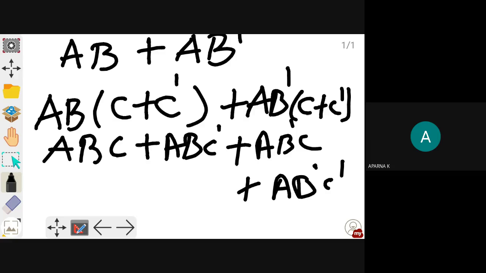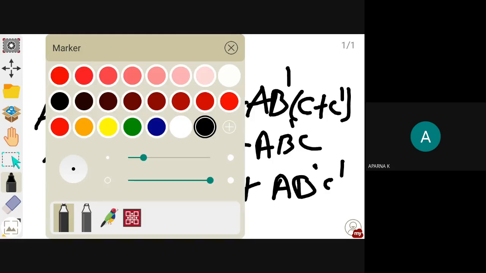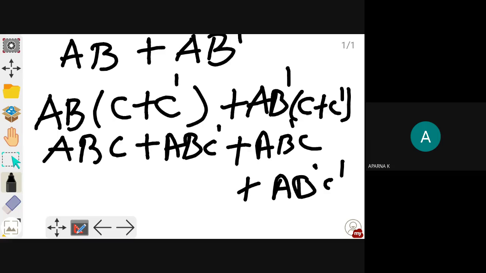So is it clear? One single term A is now written as ABC, ABC dash, AB dash C and AB dash C dash. So A is now written in terms of sum of minterms. Is it clear or not?